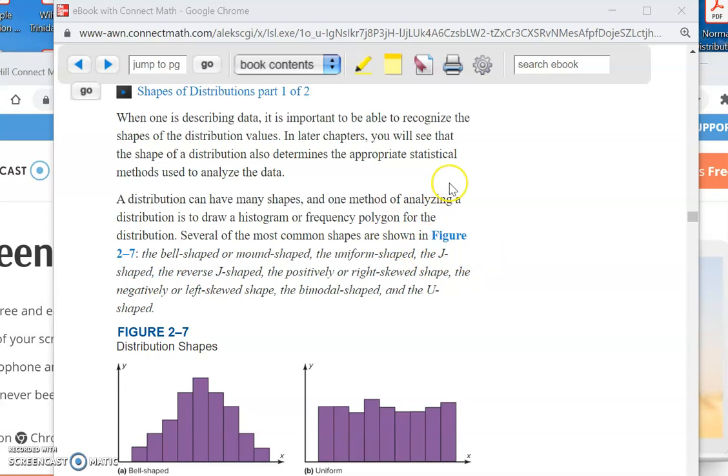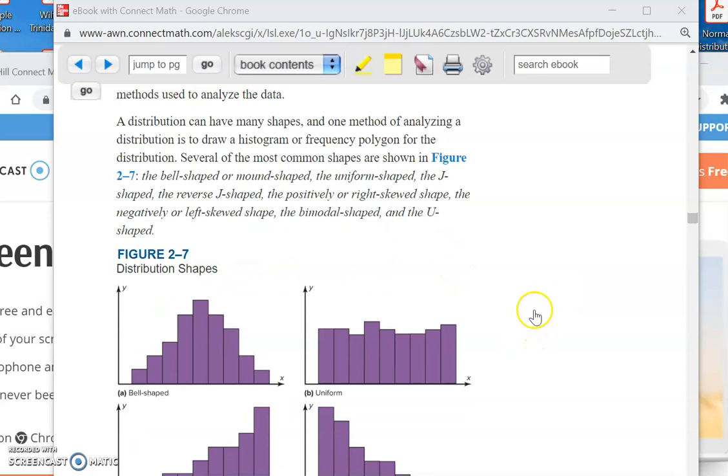And the key point to this is that later on we'll see that the shape of a distribution can also have a very big impact on what is the appropriate statistical method that you are going to use to analyze the data. And just to give you a hint, it's going to be primarily, is it more or less a bell-shaped curve? If it's more or less a bell-shaped curve like this, then we use a normal distribution, okay?